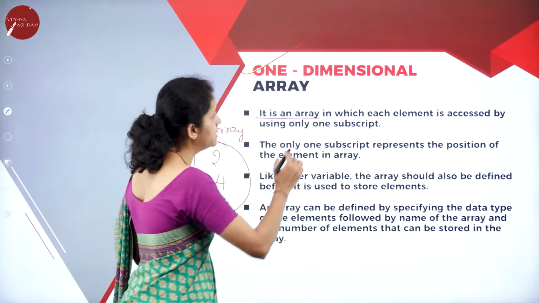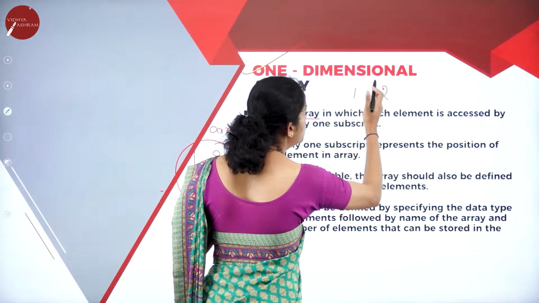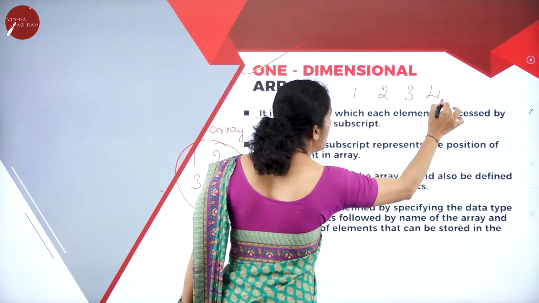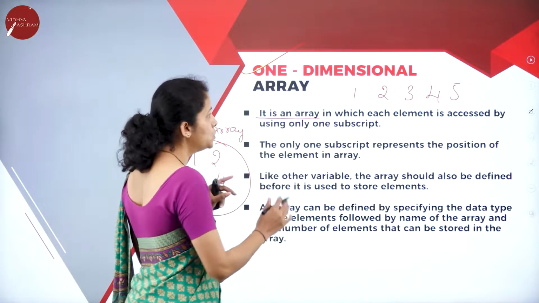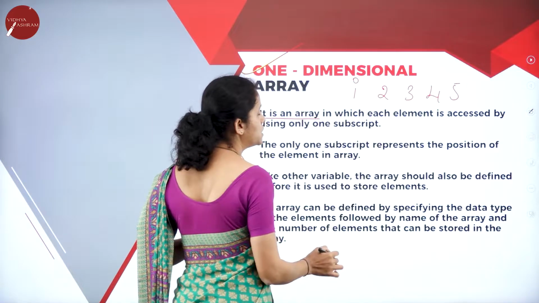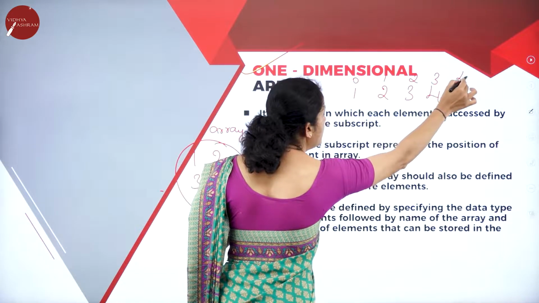For example, think that I'm having 5 numbers, that is 1, 2, 3, 4 and 5. And I'm going to specify the index. Usually index starts from 0, 1, 2, 3 and 4.